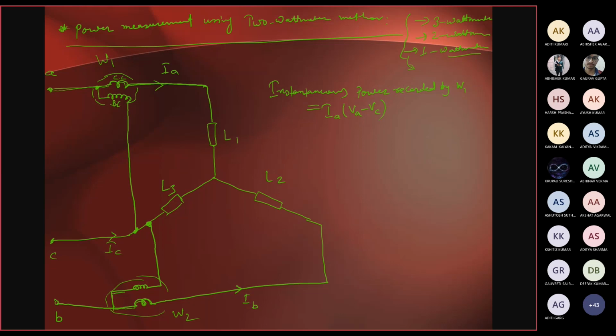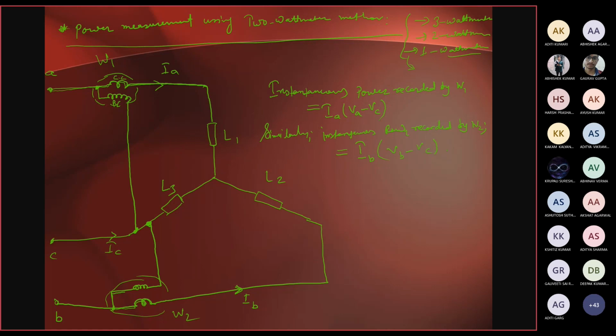Similarly, the instantaneous power recorded by W2, this will be equal to how much? The current flowing through the current coil of wattmeter 2, that is IB, and voltage across these two coils, that is VB minus VC, right?